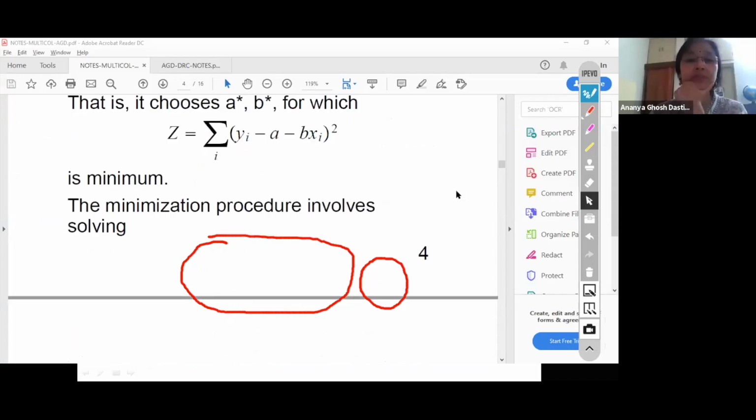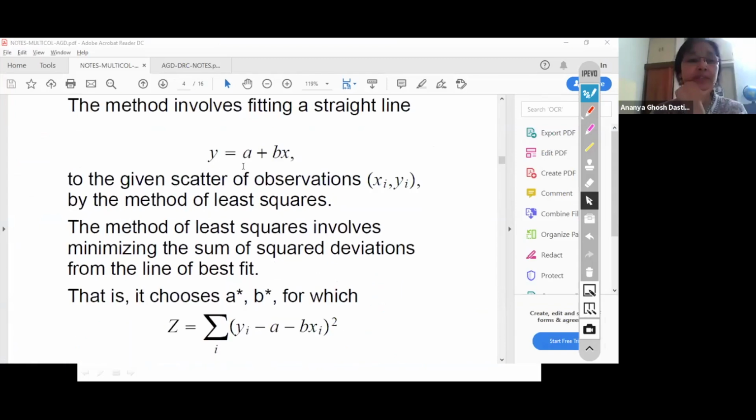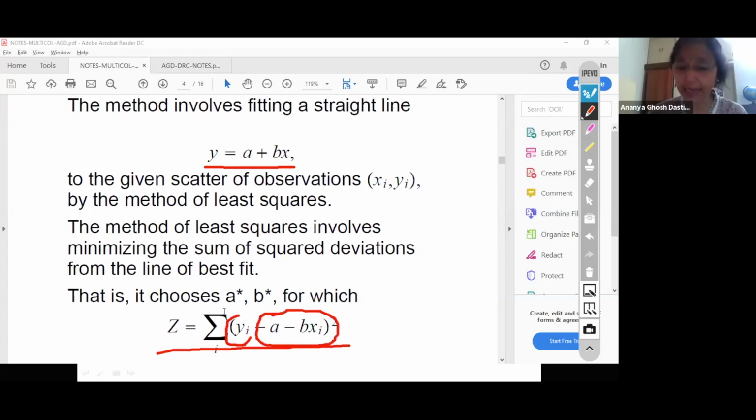Very quickly, the method of least squares is all about fitting a straight line of the form y is equal to a plus bx to a given scatter of observations. Now, how do you fit that straight line? Again, recall, you fit it by minimizing distances on the line from actual distances, right?